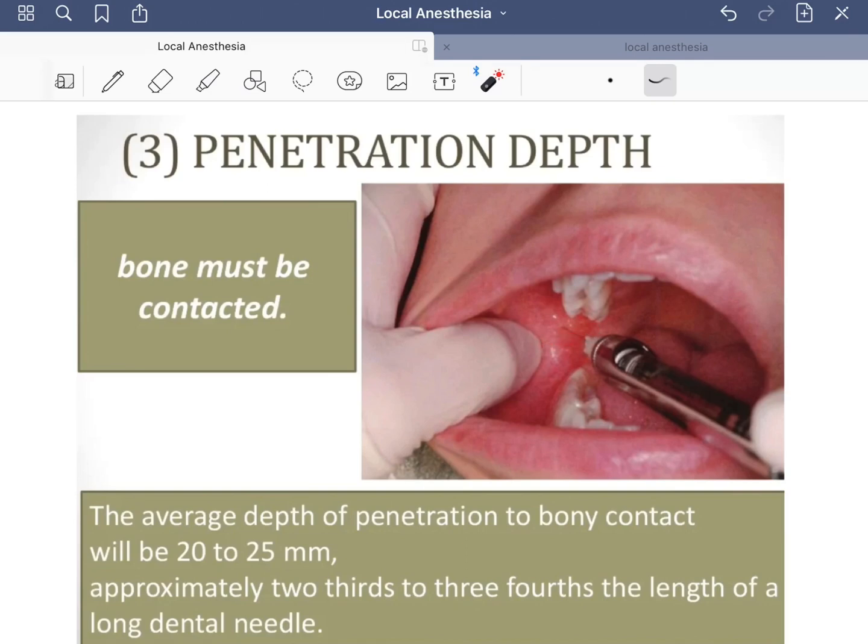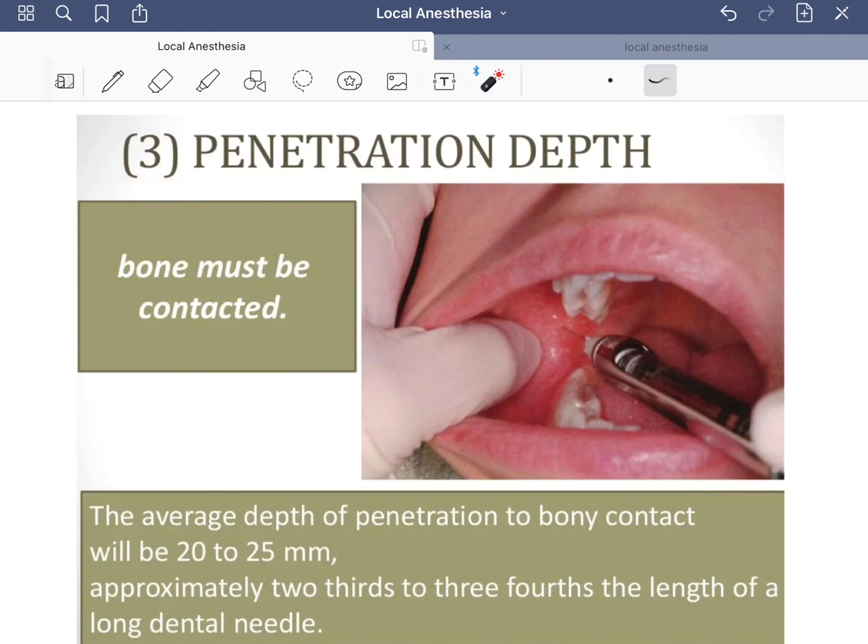And the vertical line extends from the occlusal plane of the mandibular molars, which intersects with the horizontal line. And this will give you approximately the injection site at the intersection between these two lines.